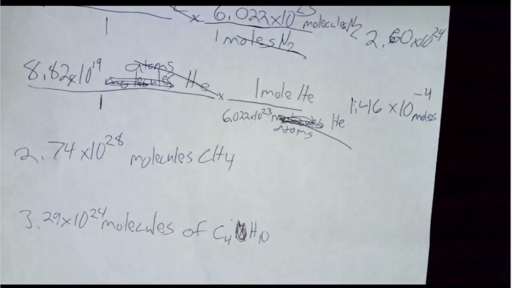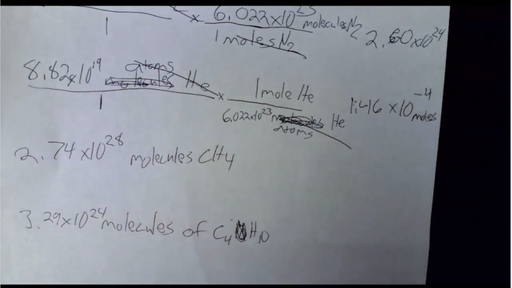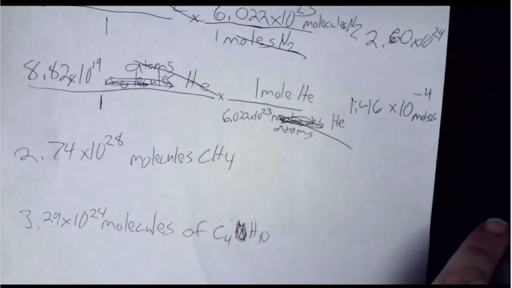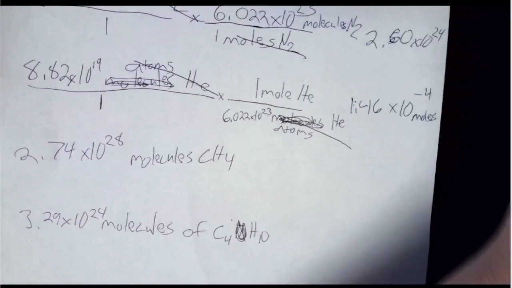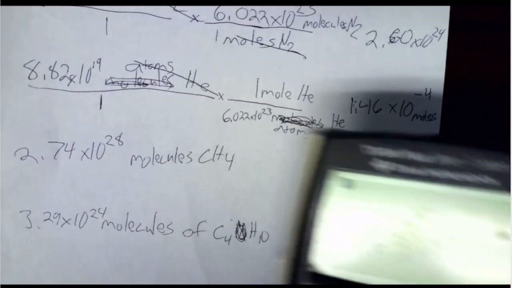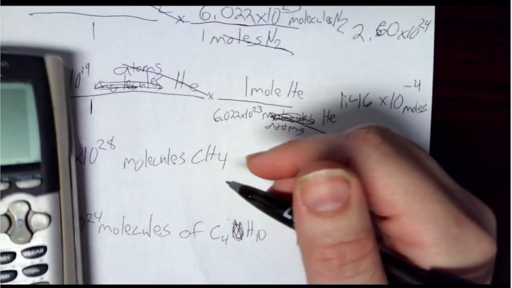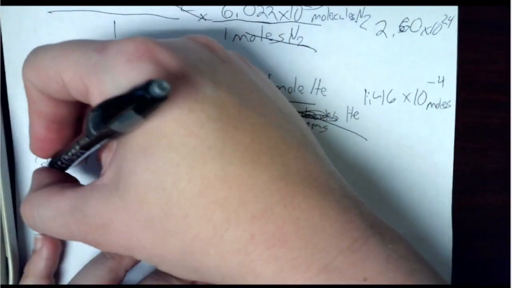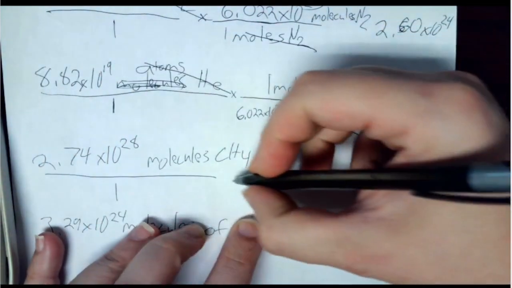I'm going to use a different calculator now, if I can find my other calculator. Oh, there it is. Just as an example, 2.74 times 10 to the 28th. So set that over 1. This is a big number.